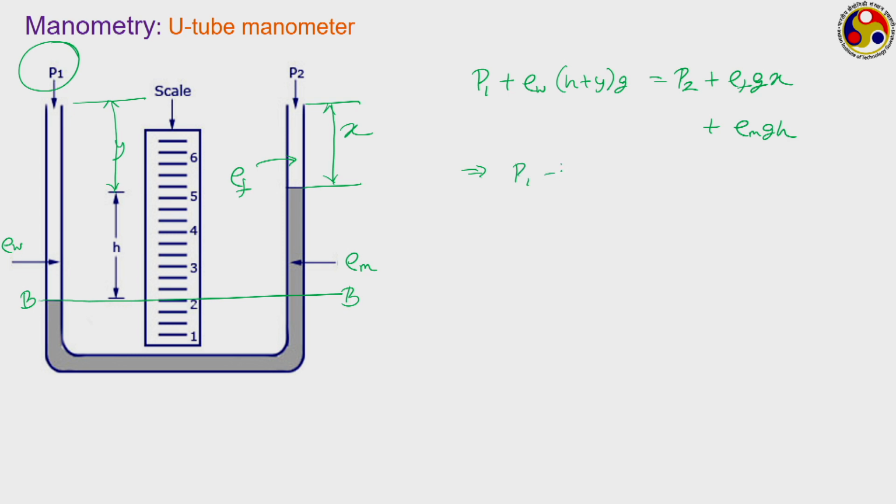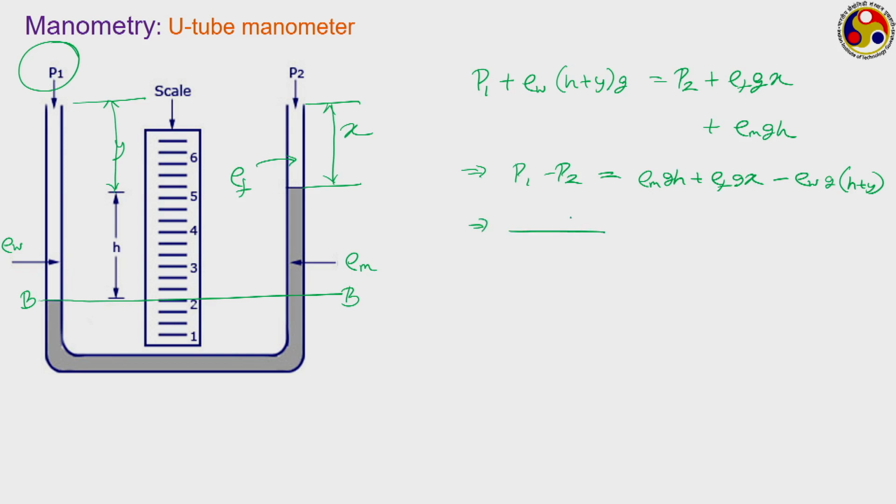Or P1 minus P2 is equal to rho m g h plus rho f g x minus rho w into g into h plus y.